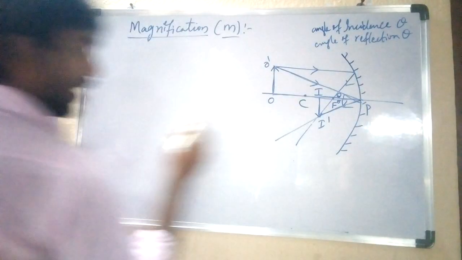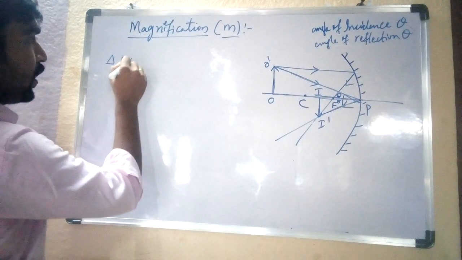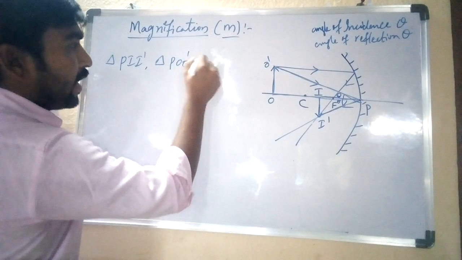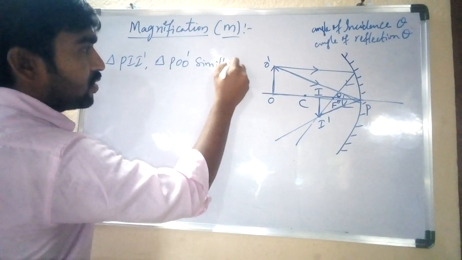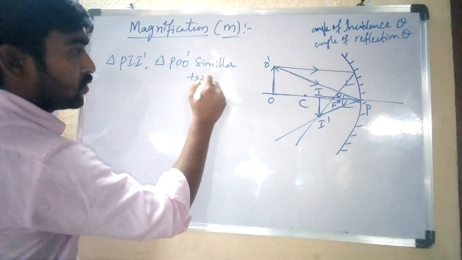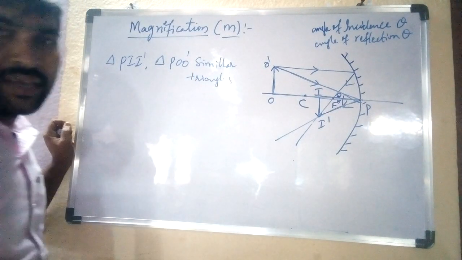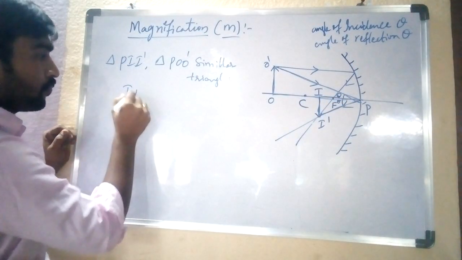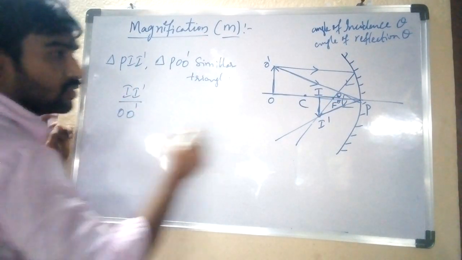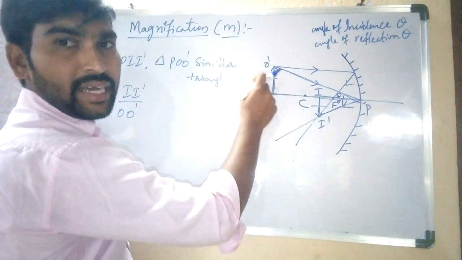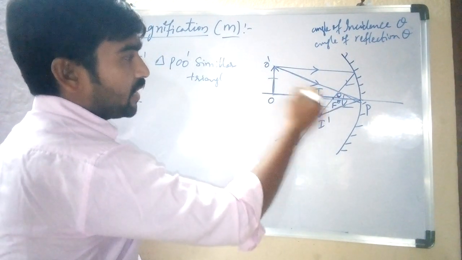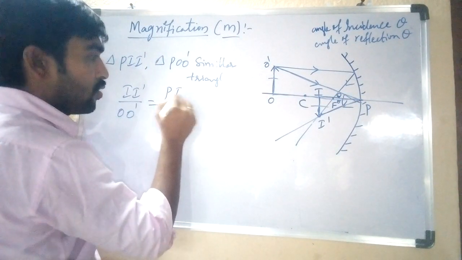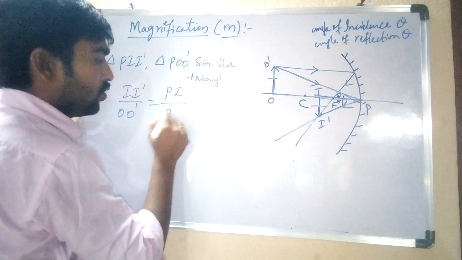Then triangle PI dash and triangle PO dash are similar triangles, so we are applying the rule here. Height of the image, I dash by O dash, these are opposite sides: the height of the image and the height of the object. Then distance PI by PO.